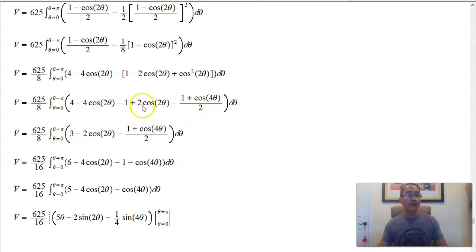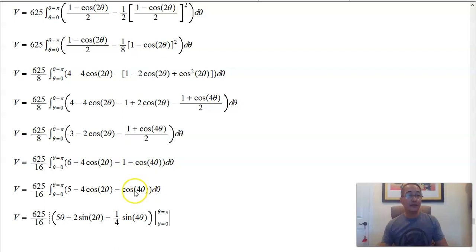Minus 4 plus 2 is -2 cosine 2 theta minus that. And I decided to take out the 2, so 8 becomes 16. We get 6 minus 4 cosine 2 theta minus 1 minus cosine 4 theta. Okay, so 6 minus 1, 5.